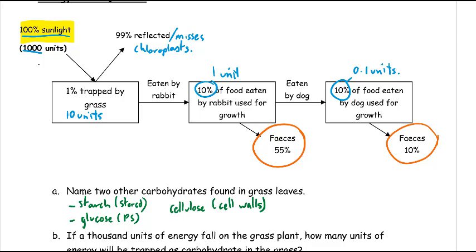So there's quite a lot of the grass which cannot be eaten, like for example the roots, or it can't be digested, for example the cellulose. Whereas if you're looking at what the dog is eating, the dog's eating a rabbit, which is mostly going to be the meat. So there's more of the rabbit which can be eaten and more of the rabbit which can be digested.